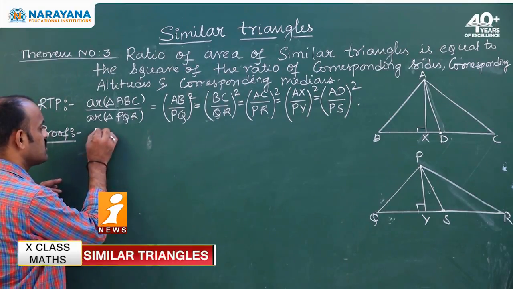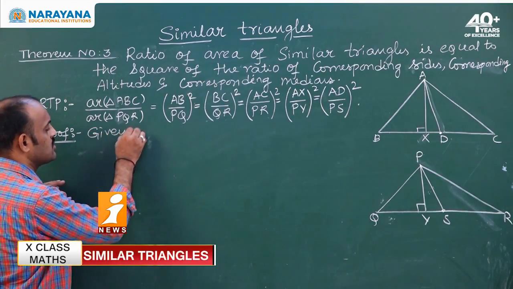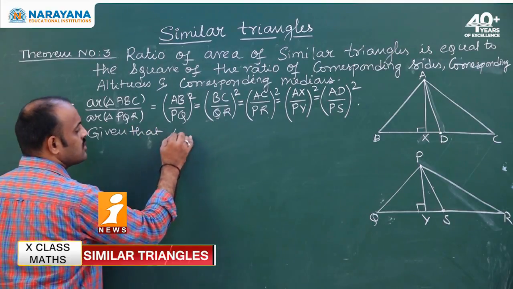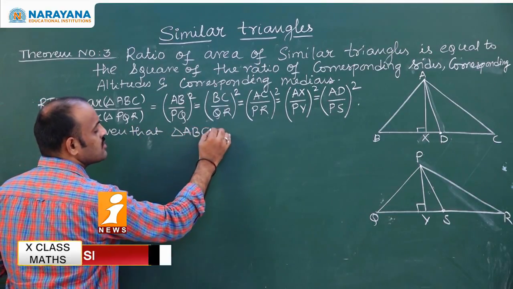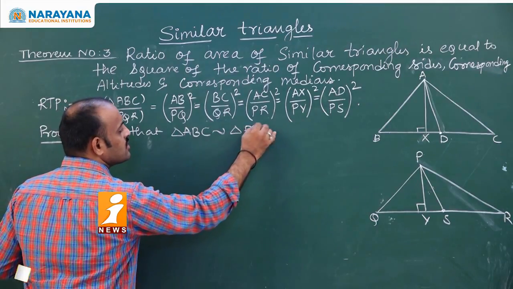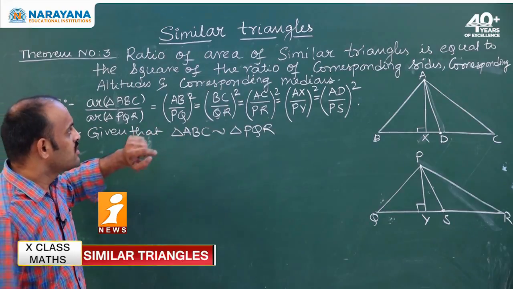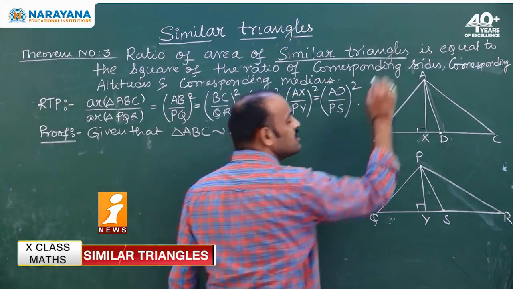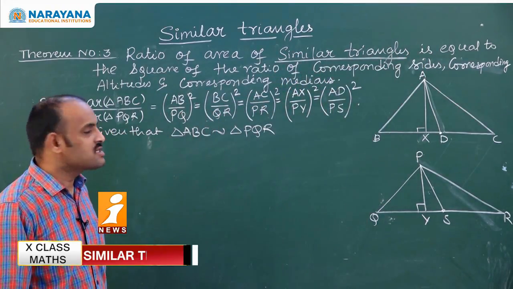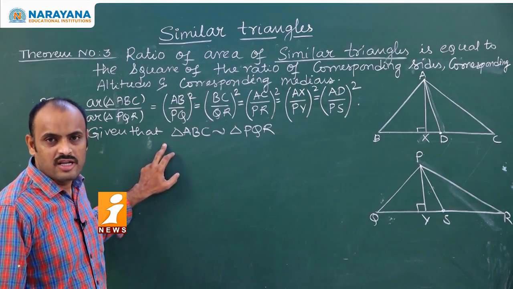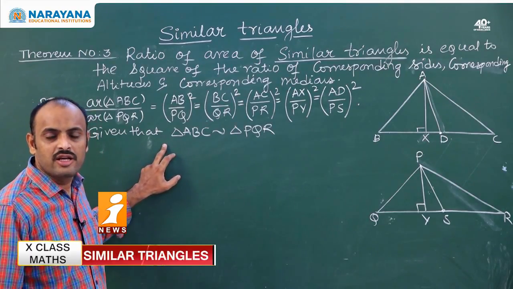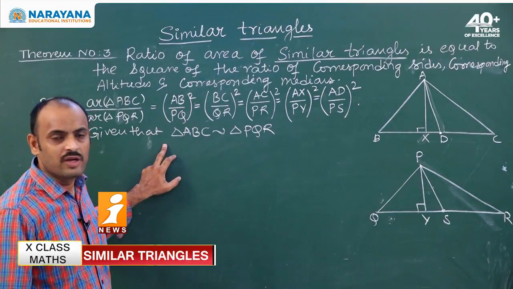Given that triangle ABC is similar to triangle PQR. Once the triangles are similar, we know that corresponding angles are equal and the ratio of the corresponding sides are also equal.